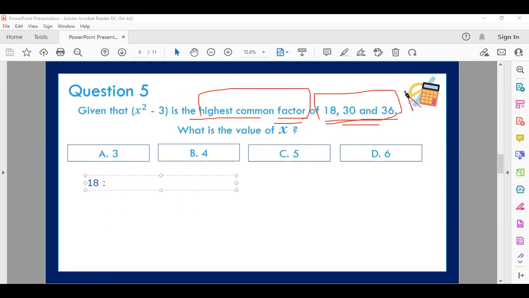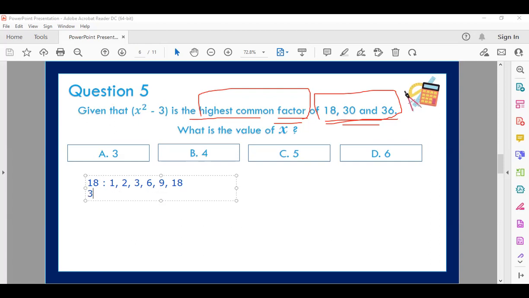You write down 18. Then you start writing all the factors for 18. So 18 can surely divide by 1, can divide by 2, can divide by 3, 4 cannot, 5 cannot, 6 can, 7 cannot, 8 cannot, 9 can, 10 cannot, and finally it will be 18 itself. Then you go to the next number, 30.